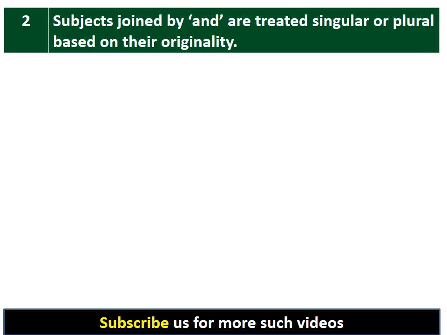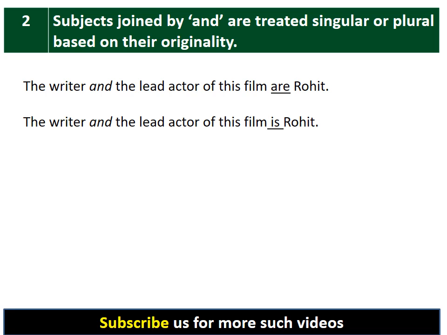Now, rule number 2, subjects joined by and are treated singular or plural. You should use your common sense. Let's see this pair of sentences. The writer and the lead actor of this film are Rohit. Is that correct? The writer and the lead actor of this film is Rohit.